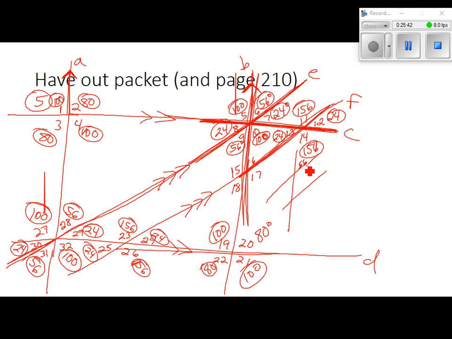Then if that's 56, with those two lines coming down, what's true about those two? So this one should be 56. What should 18 be? 56. What's 17 going to be? 144. 15? 144. Did we find all of them?